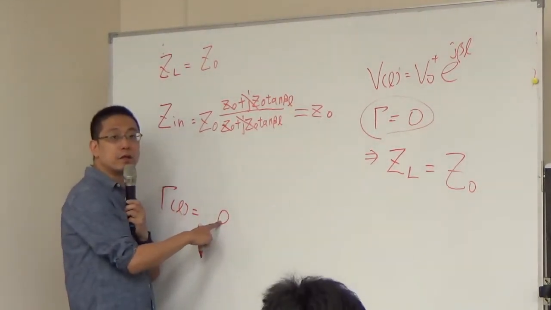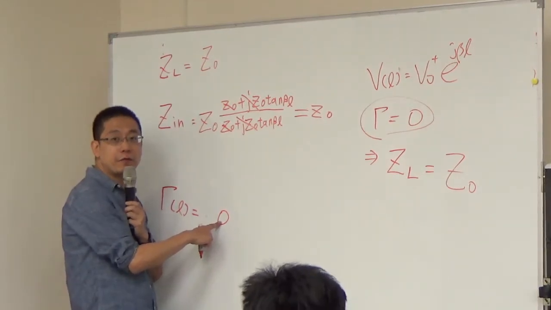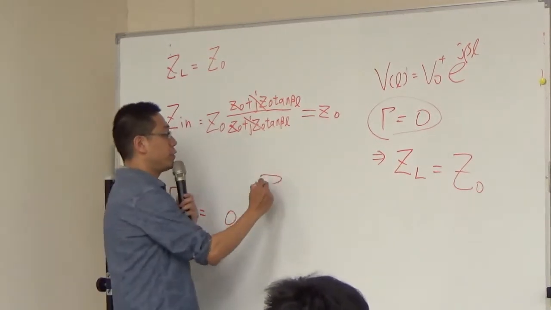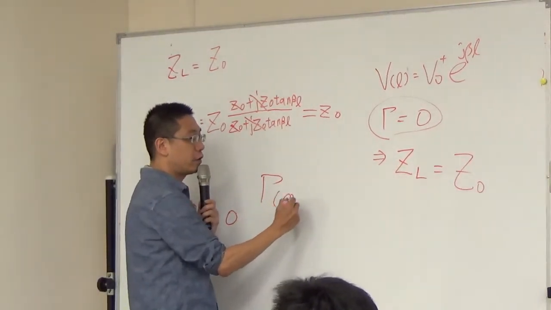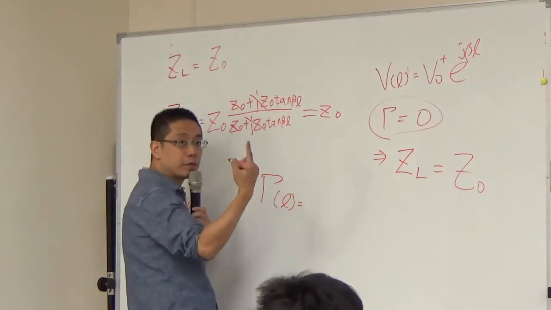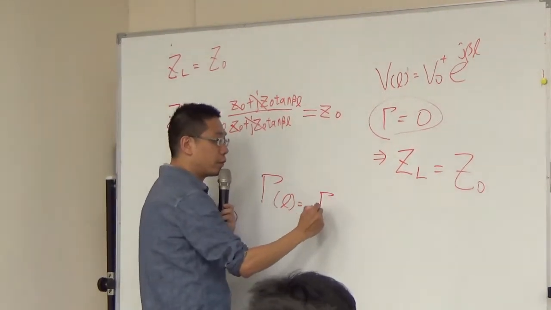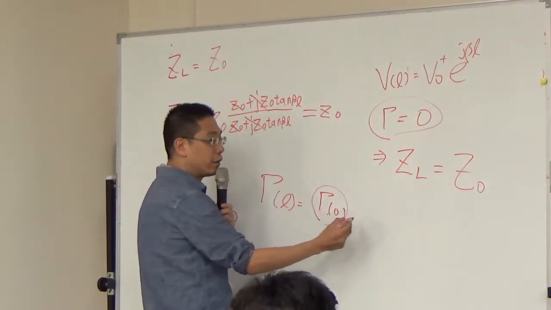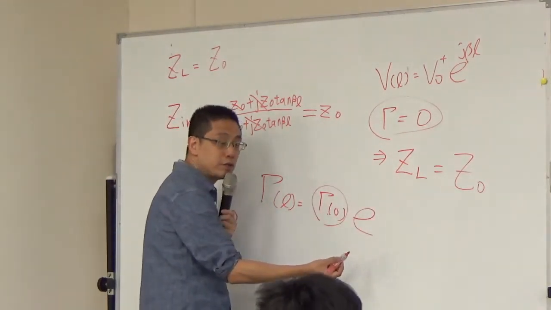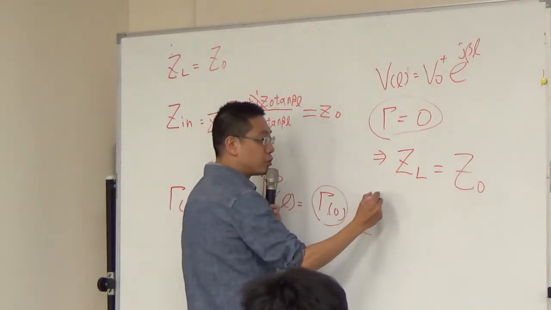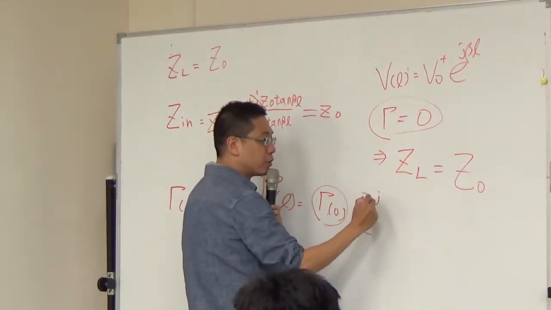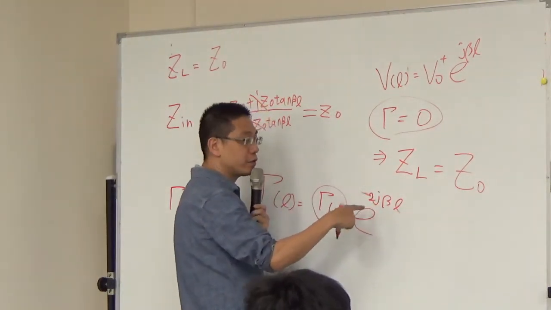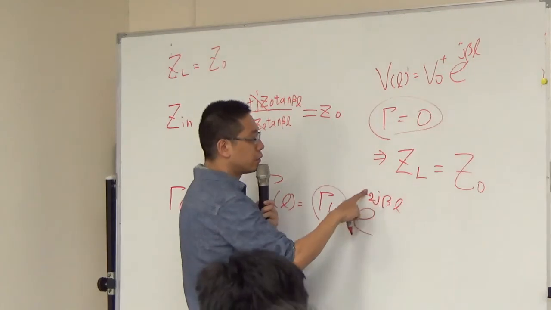No matter what the phase is, everywhere goes to 0, because the reflection coefficient at L will equal, remember what we already did, the reflection coefficient at this one times exponential minus 2j beta L, right?